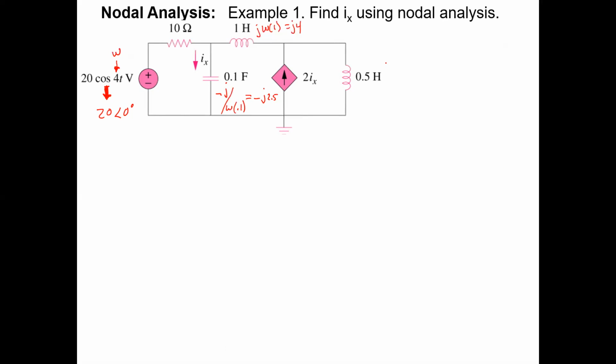This inductor here is going to be J times omega times 0.5, which is going to be J2.